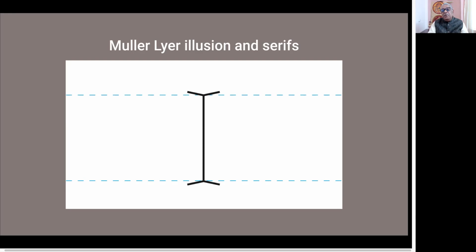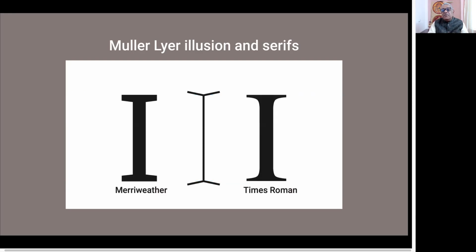So this might have been one of the reasons why serifs became very popular. And if you look at the design of the serifs itself, it matches this: it creates a feeling that the stroke is taller than it appears to be.